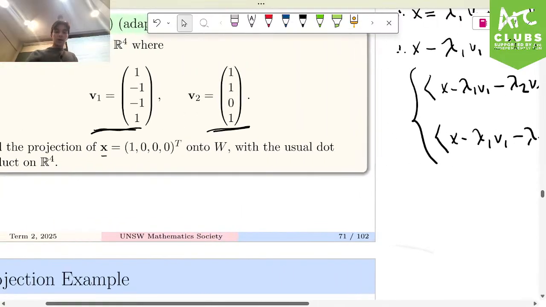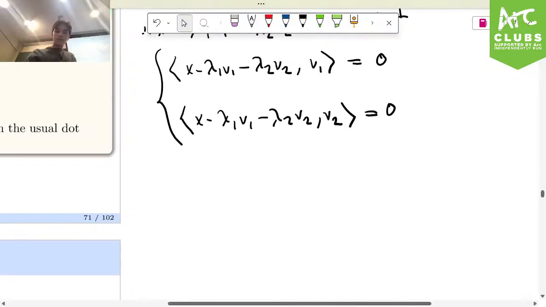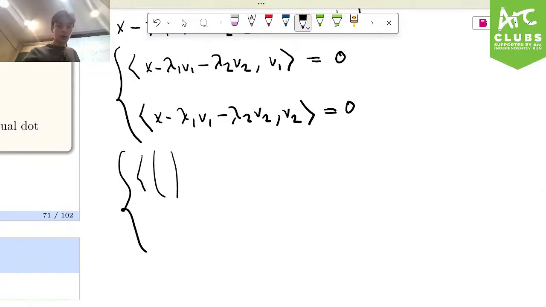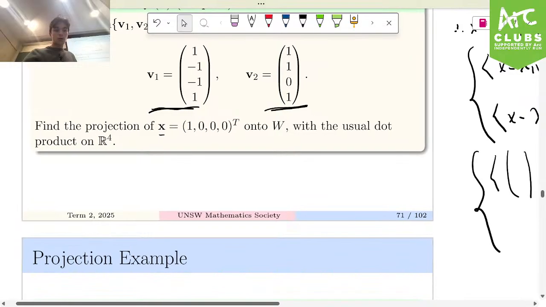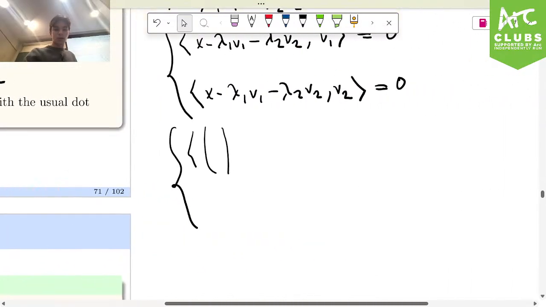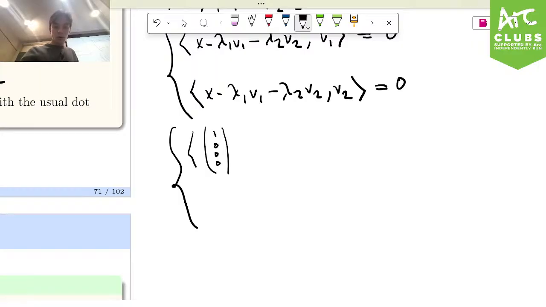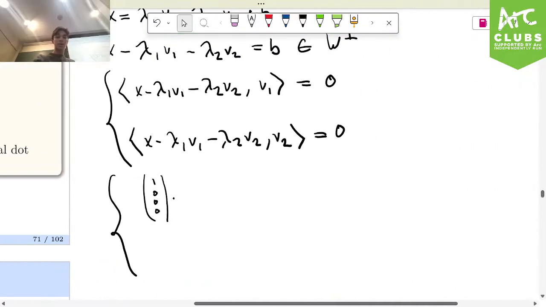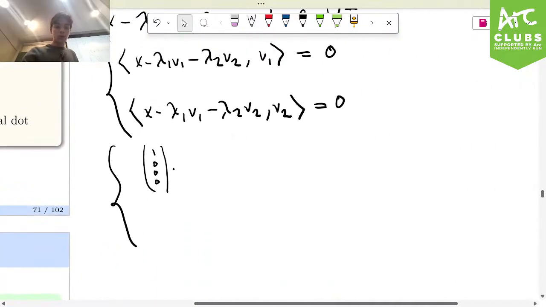So if we actually plug in our known values for these vectors, we're going to get the inner product of X, which is 1, 0, 0, 1, with V1, which is 1, minus 1, minus 1, 1, minus lambda 1 times the dot product of V1 with itself, minus lambda 2 times 1, 1, 0, 1 dot product 1, minus 1, minus 1, 1. Recall that this real dot product is linear in the second argument too, so we can just expand this out like this.